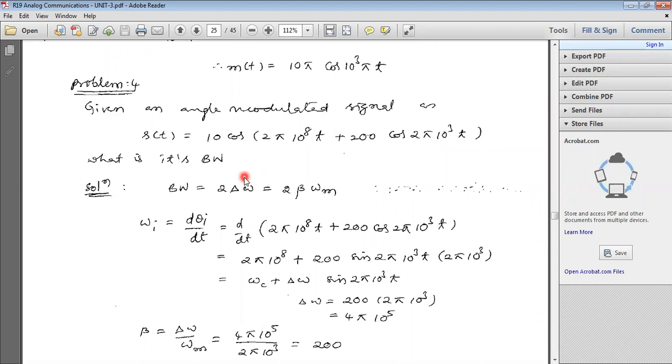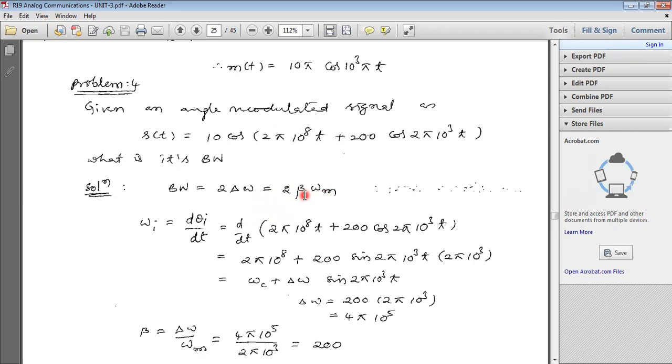Already you know, in case of narrowband FM, bandwidth is equal to 2 delta omega. If we write delta omega in terms of beta, already you know beta equal to delta omega by omega m. So delta omega is equal to beta into omega m.